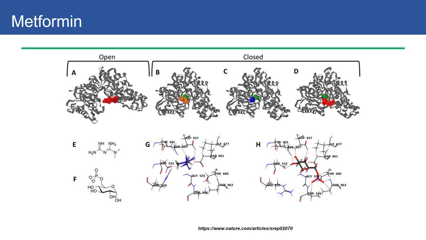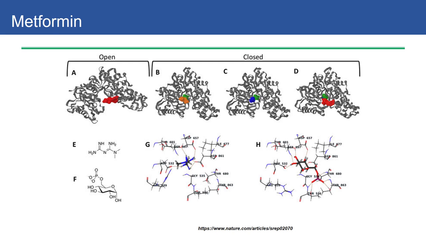And you can see in C, where it fits nicely in there. Group A in this molecule is where the glucose sits. B is the closed conformation of the molecule.